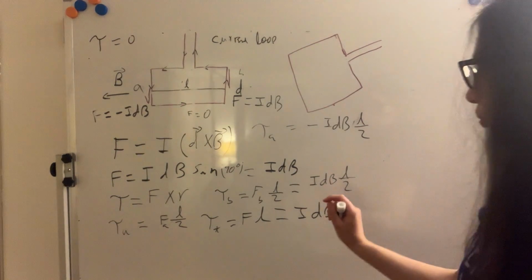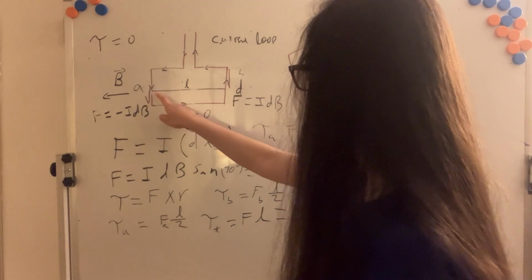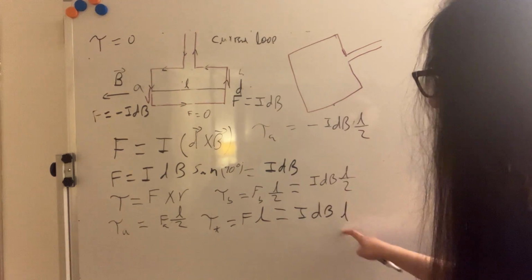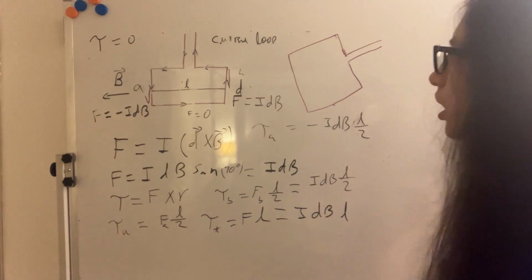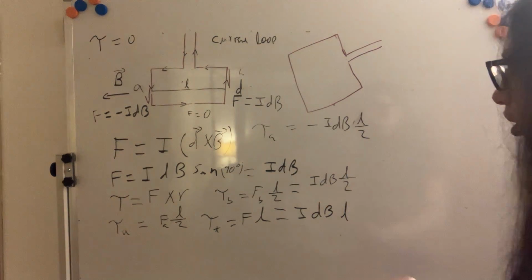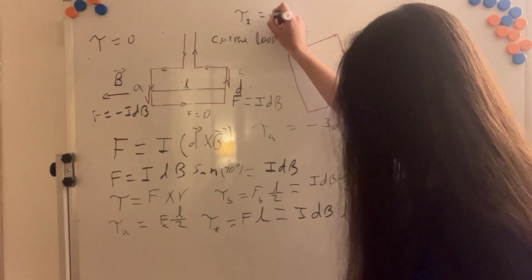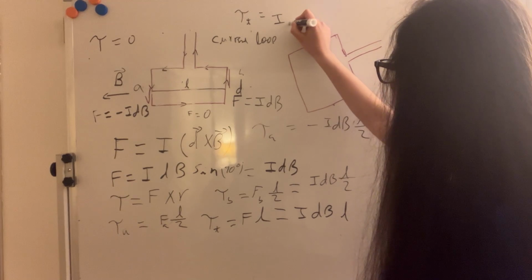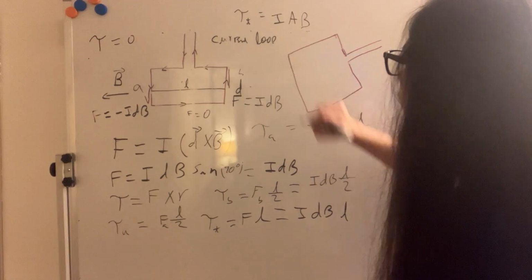But the length here times this length, that is the distance D, is the area of the current loop. So actually we have that the total torque is equal to the current times the area of the current loop times the magnetic field.